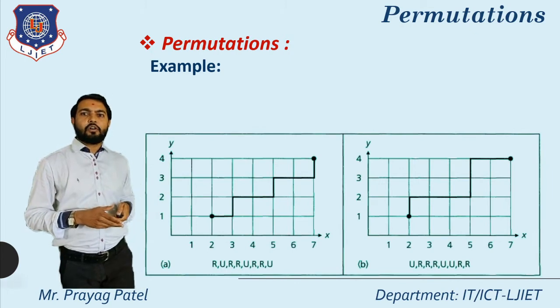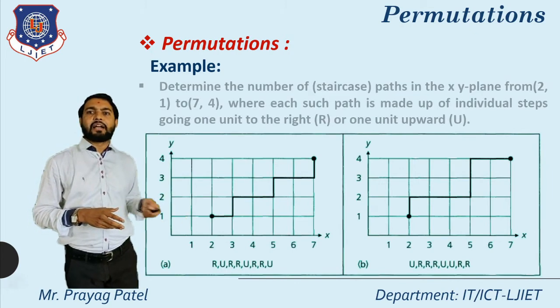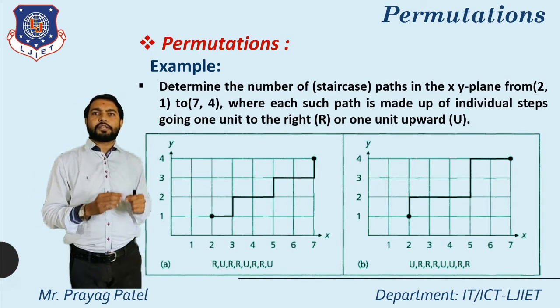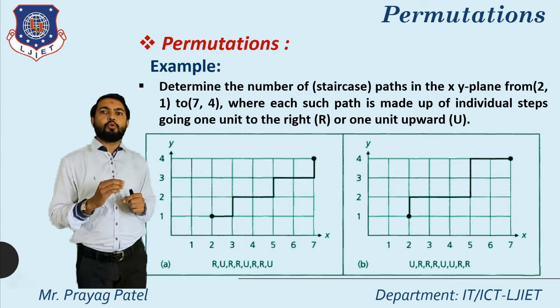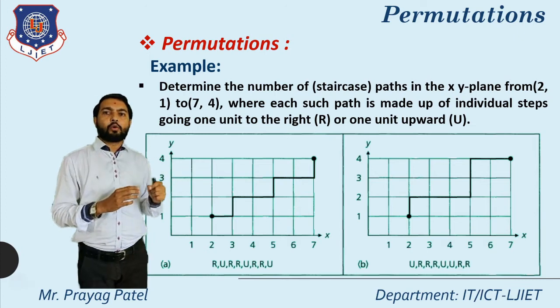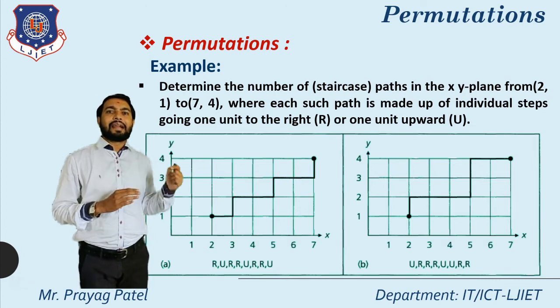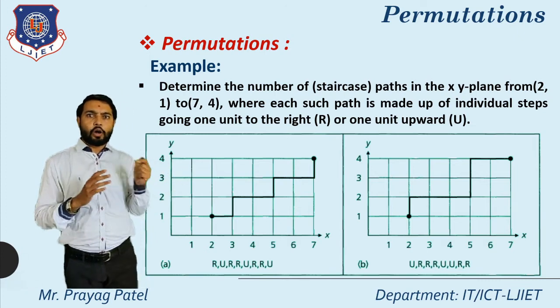Now another example of permutation: in a graph you have to move from the location (2, 1) to (7, 4). The scenario is that you have to move upward or right.